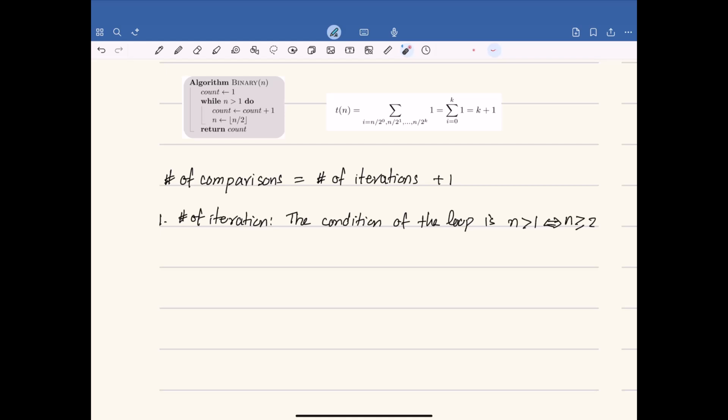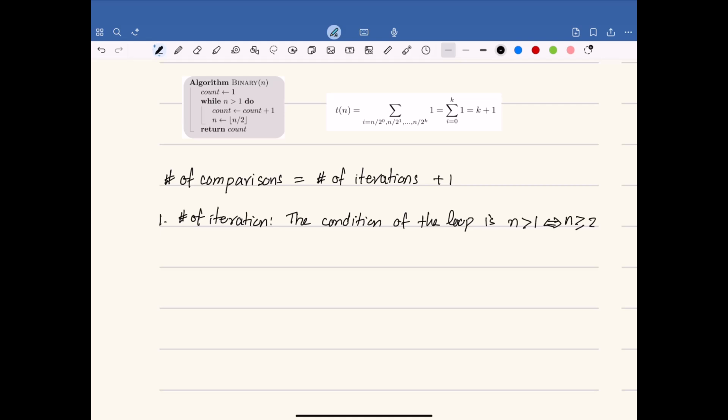Whenever n is greater than 1, the first integer value greater than 1 is 2. So we can change the condition, and instead of n greater than 1, we make it n greater than or equal to 2. This will simplify finding the answer as a floor function.